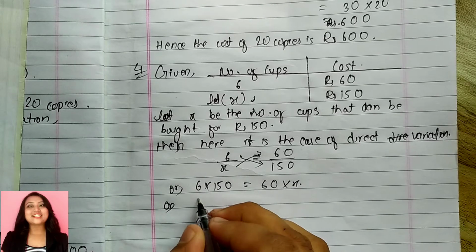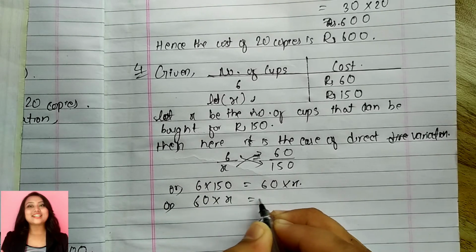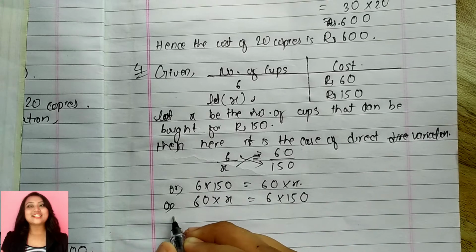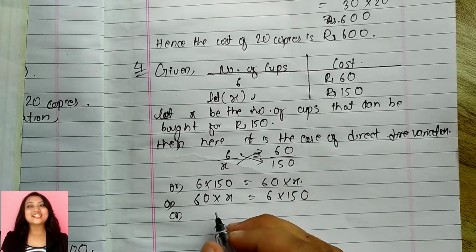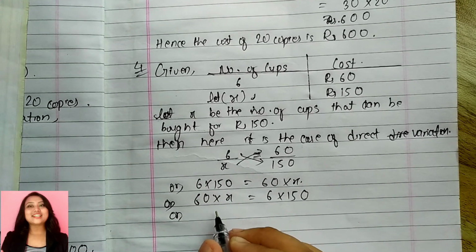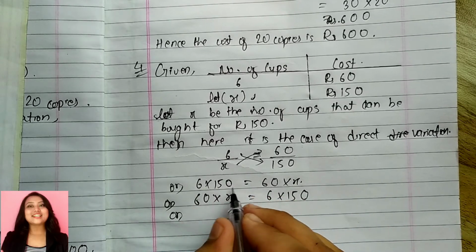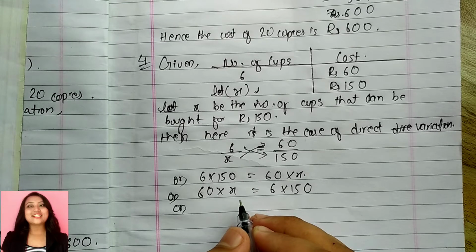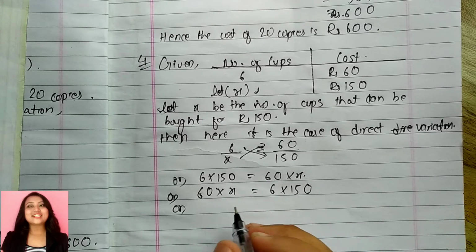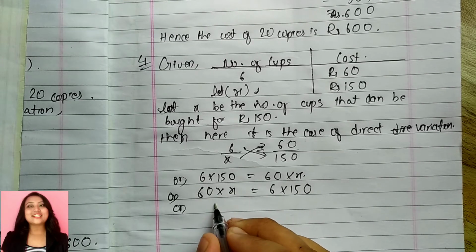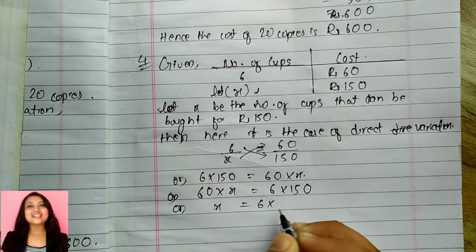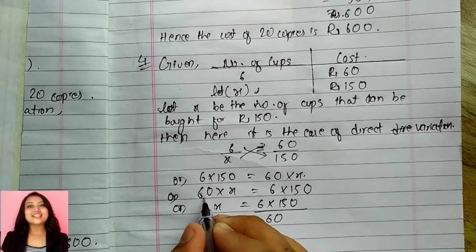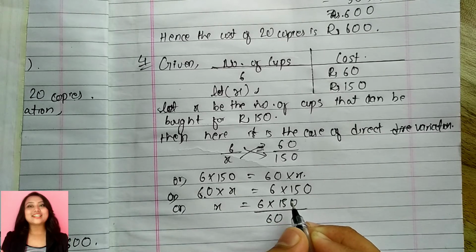Now 60 into x equals 6 into 150. We have just adjusted the sides, so there won't be any changes in the signs. Here x will remain the same, 6 will be there, 150 will be there, and 60 will be in the denominator. This will go in the denominator part, right?